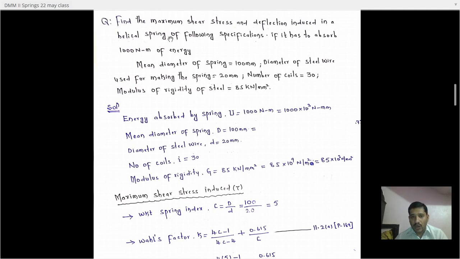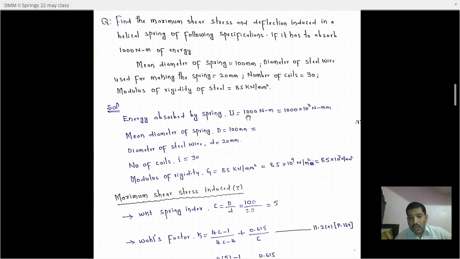If it has to absorb 1000 Newton meter of energy, this means that this much energy is absorbed by the spring due to the application of some external force on it. So how much energy is absorbed by the spring here? 1000 Newton meter of energy.